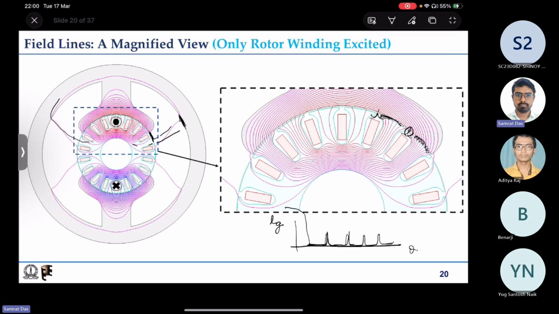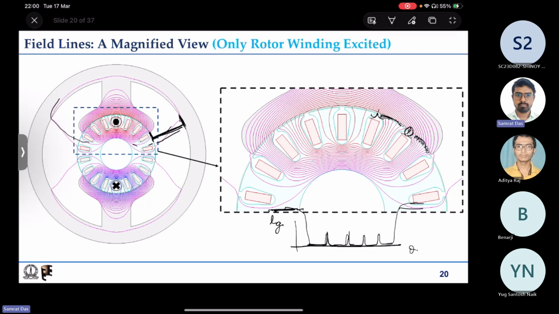It can be approximated as the radial distance between the rotor's outer diameter and the stator yoke. That can be one approximation. So the length can be approximated by that line, right? So this is the LG.